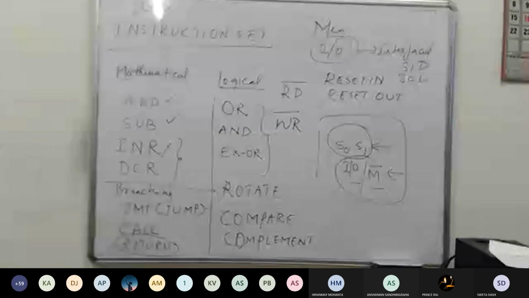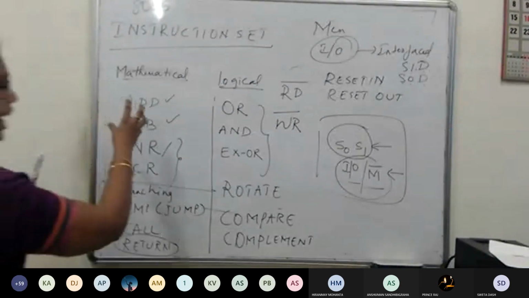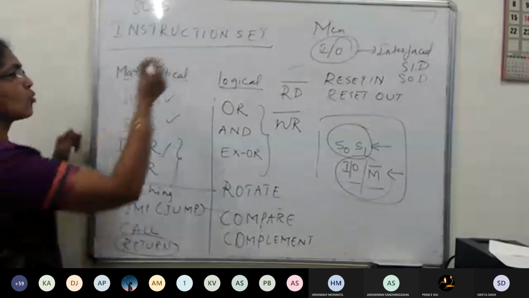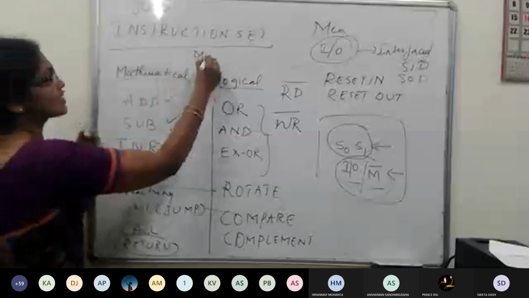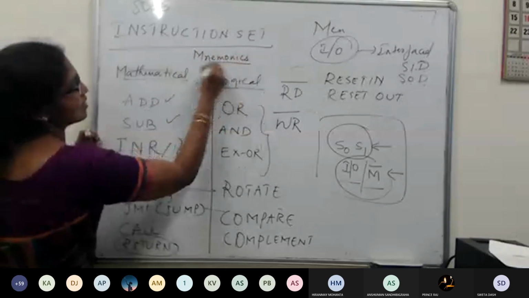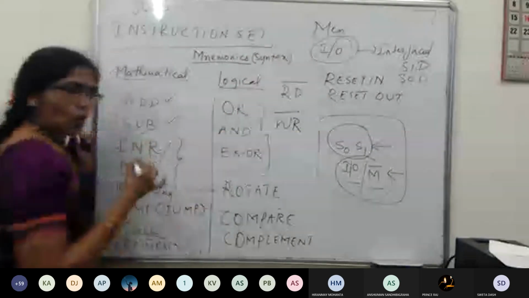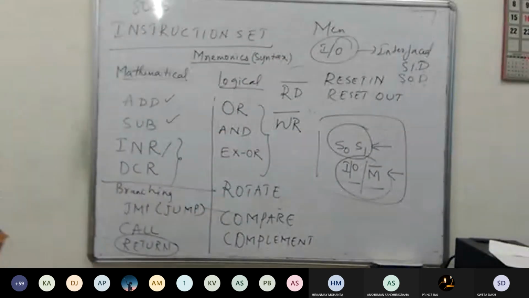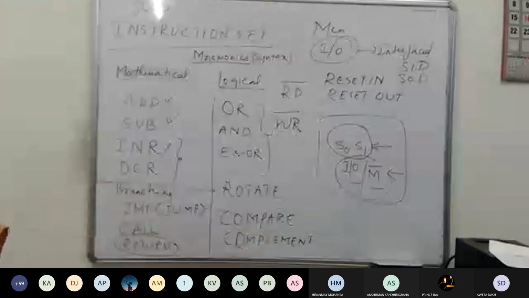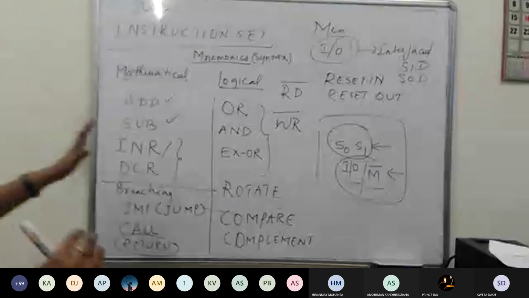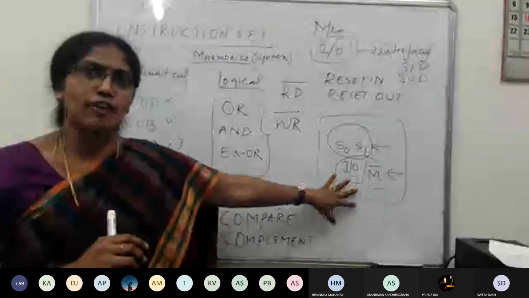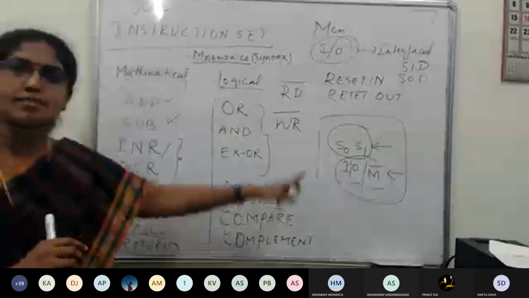But we should understand the assembly language syntax, which we call mnemonics. Our next job is to understand what the syntax is, what its meaning is, and what its operation code is. Then we will understand how it executes in that architecture.